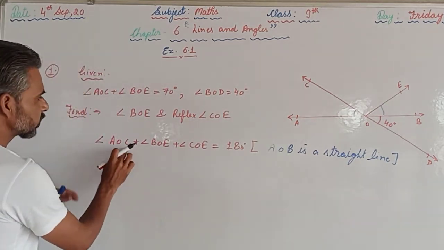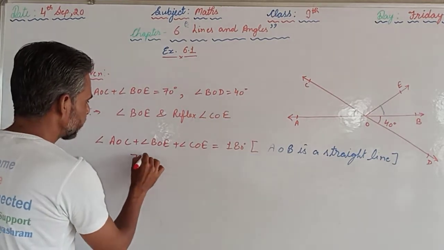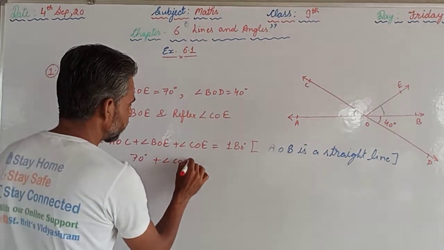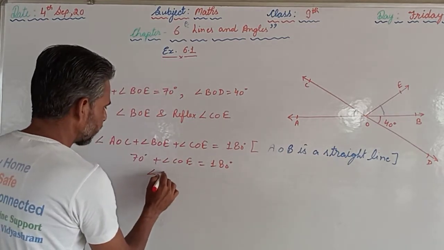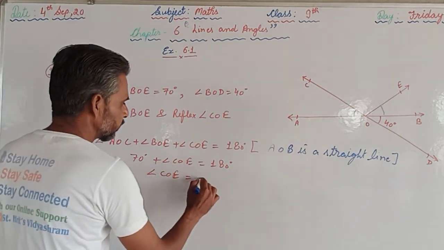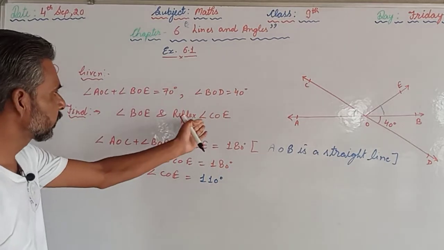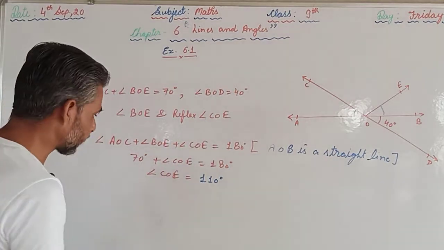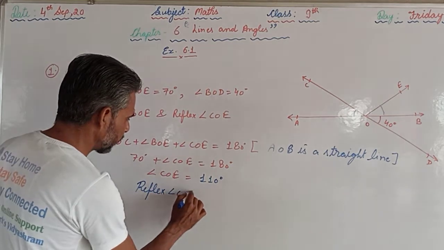Now it is given AOC plus BOE is 70 degree. So 70 degree plus angle COE is equal to 180 degree. So from here angle COE will be 180 minus 70, that is 110 degree. But we are not supposed to find COE, we are supposed to find the reflex angle COE.